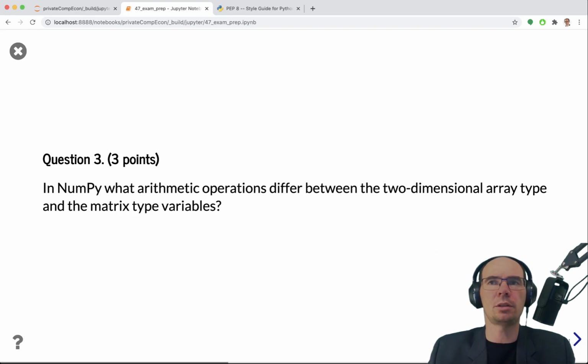But this is made to specifically represent matrices, to make it possible to just write simple arithmetic operations with matrices as you would do on a piece of paper. And the differences are really, hopefully you remember, in multiplication.